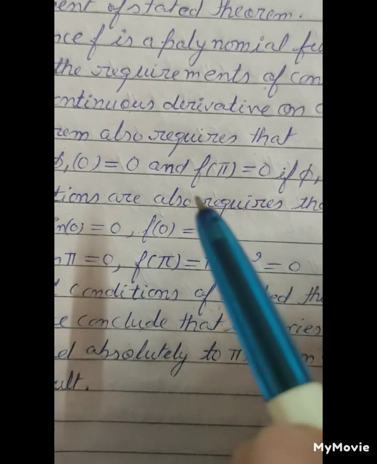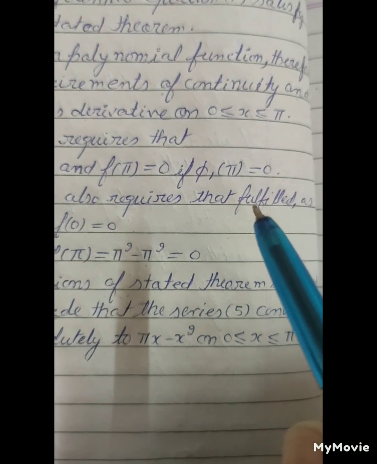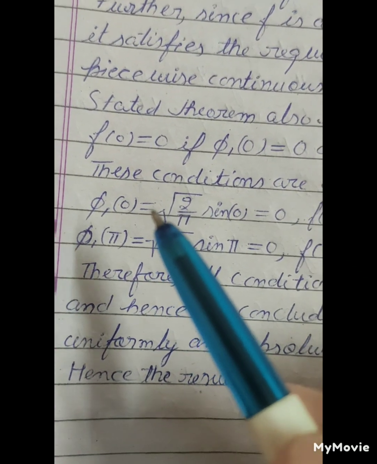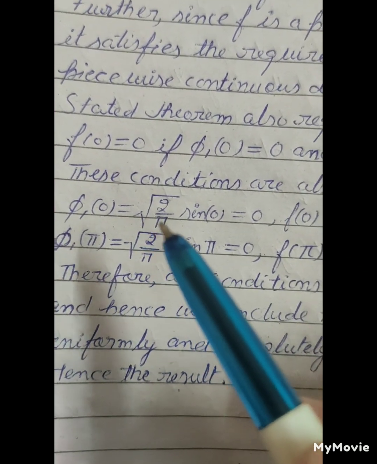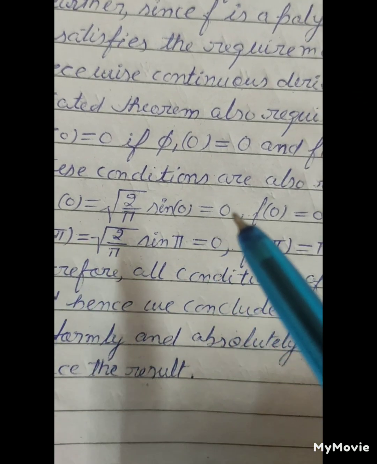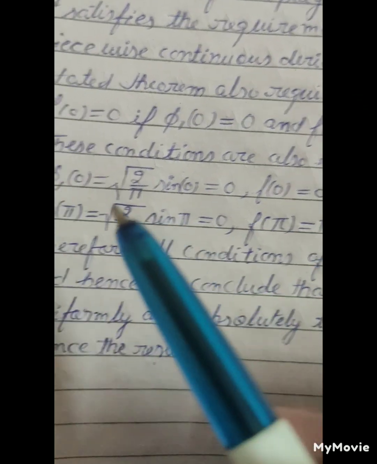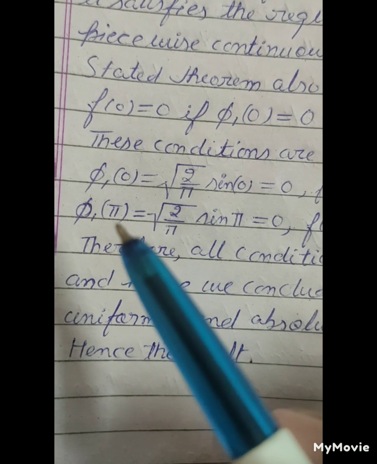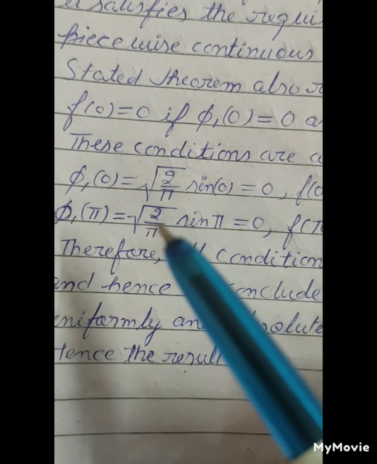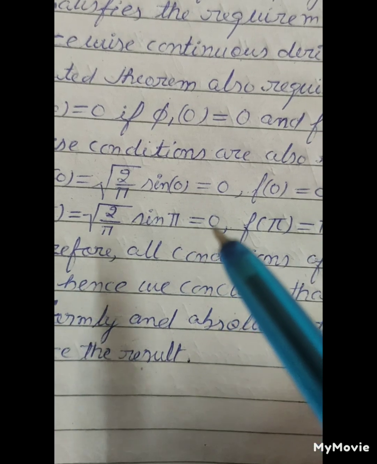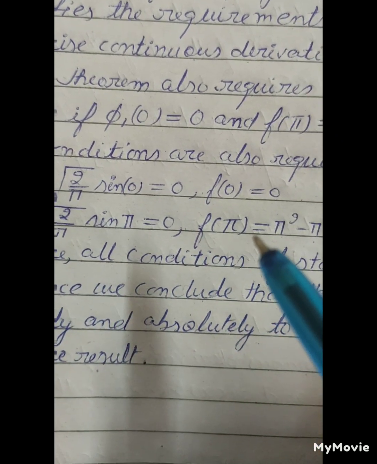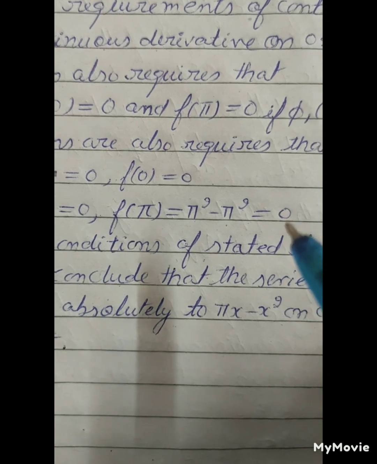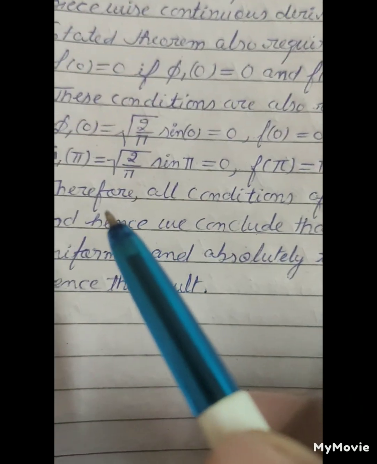These conditions are all fulfilled, as phi 1(0) equals square root of 2 upon pi sin 0 equals 0, f(0) equals 0, phi 1(pi) equals square root of 2 upon pi sin pi equals 0, f(pi) equals pi square minus pi square equals 0.